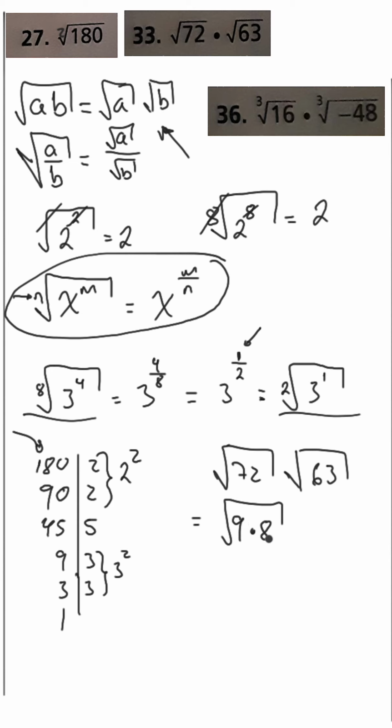Now, the number 8, I could also write it as, let's see, 4 times 2. So I'm going to respect this 9 over here. And instead of writing 8, I'm going to write 4 times 2, right? Because 4 times 2 is 8. And you're going to see why I am doing this this way in a while.